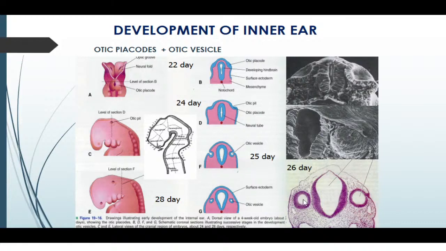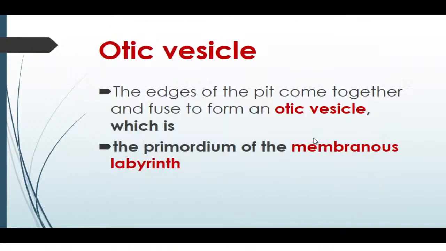Look at this one, the otic vesicle, and from the neural crest cells form the future spiral ganglia. We have the sacculus and utriculus, and we are just talking about the otic vesicle.